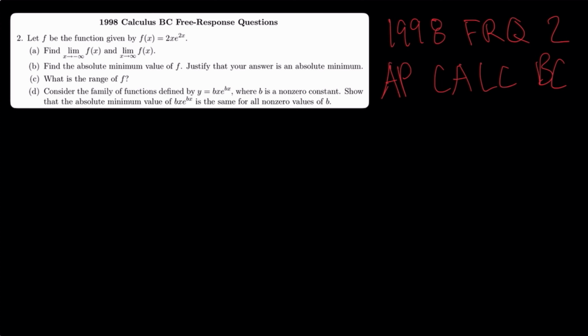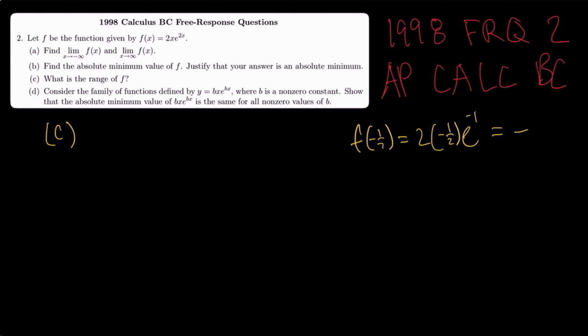For part C, we simply need to write the range of f, and this is really simple. Since we solved for our absolute minimum, which was from the last problem, f of negative 1/2 equals 2 times negative 1/2 e to the negative 1, which I'll just simplify further.